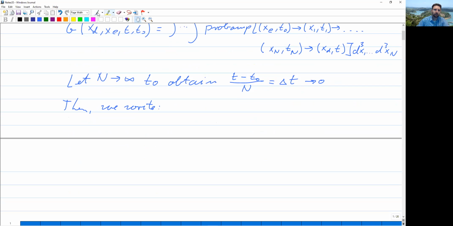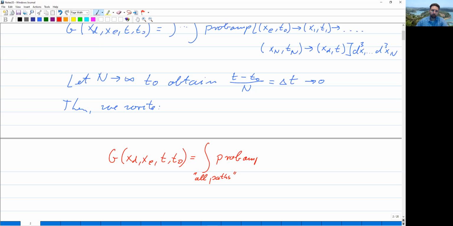Namely, we then have that the Green's function G(xd, xe, t, t0) is equal to the path integral over all paths of the probability amplitude for one of those paths.